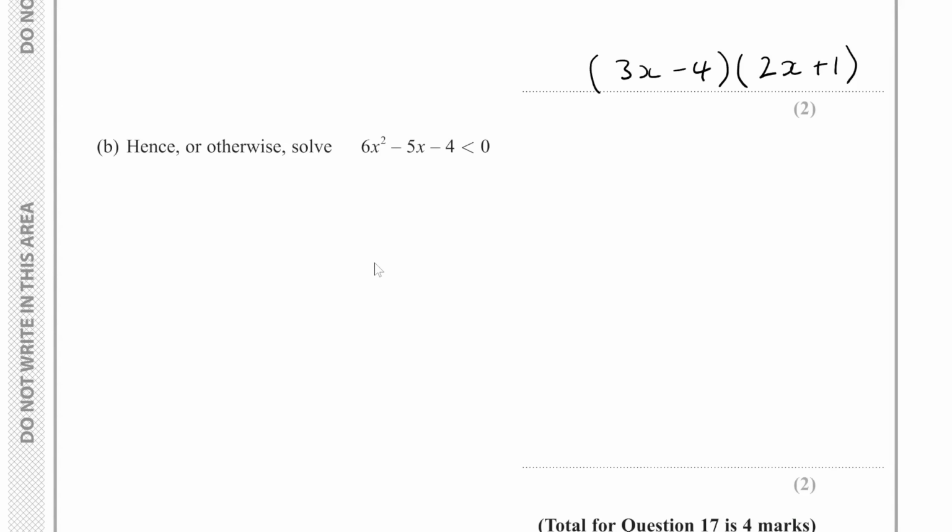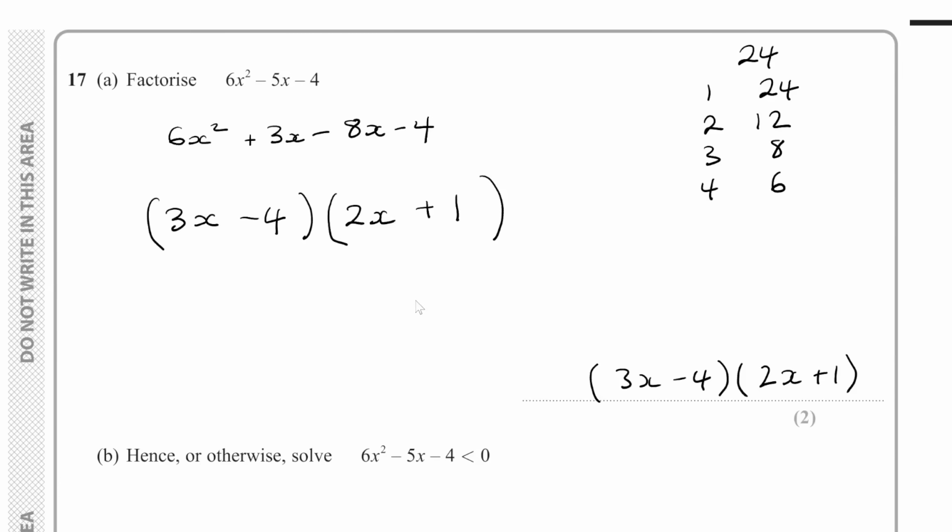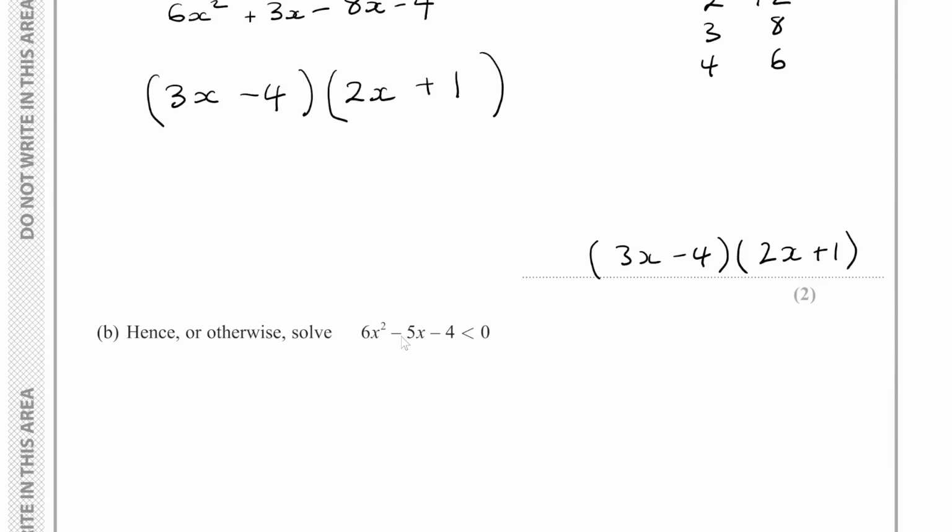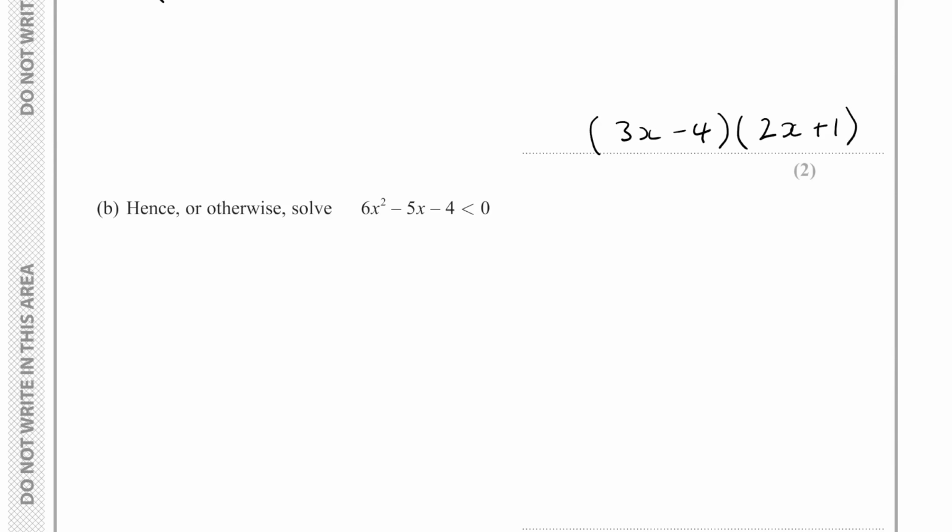Hence or otherwise solve. So it's our same thing. So I can write it in its factorized form. 3x minus 4 times 2x plus 1 is less than 0. So where is it less than 0? So we know where it's equal to 0. That's the solutions. The roots are when it's equal to 0.